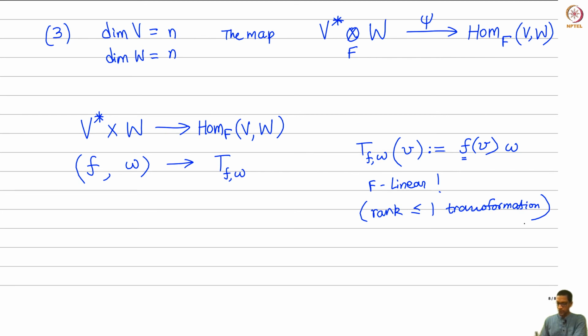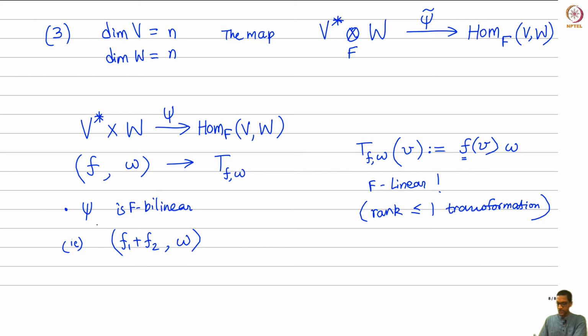Good. Now observe that this map is bilinear. So this association that I have here, maybe we'll call this psi tilde and call this bilinear map psi. So the other thing is that psi itself is F-bilinear. What should we check? If I change F to F1 plus F2 and keep W the same, then what I get on the other side is a sum of the answers.